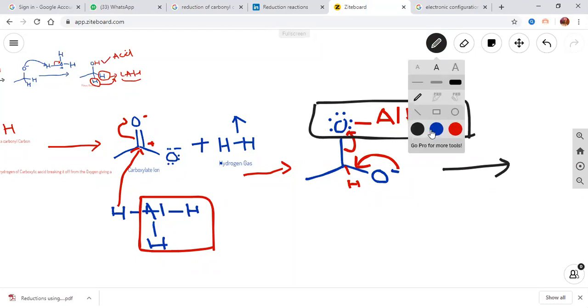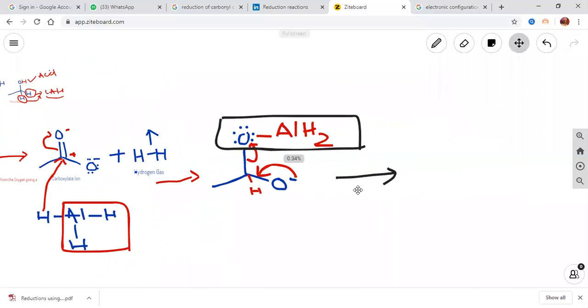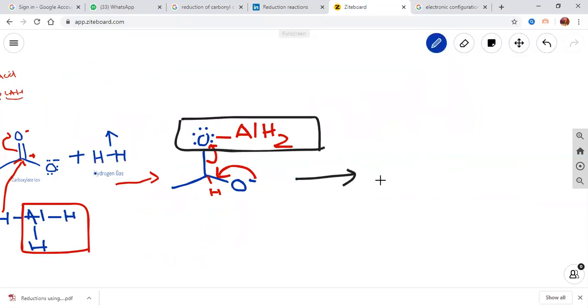So we get our product, an aldehyde. This is not final. We get an aldehyde, a double bond with hydrogen.